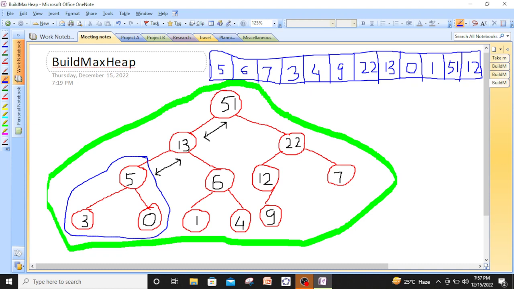The parent value is the largest value inside the blue enclosure.